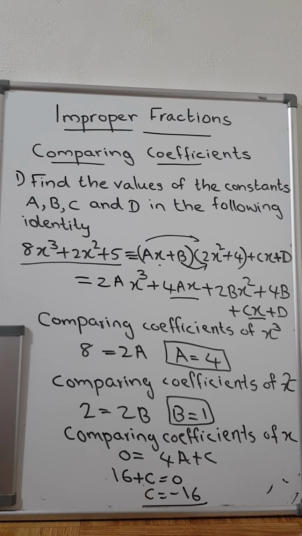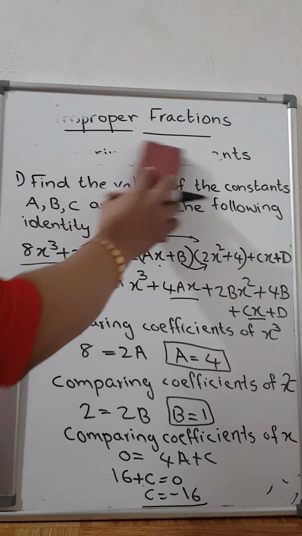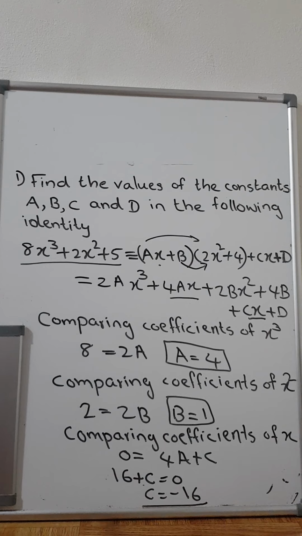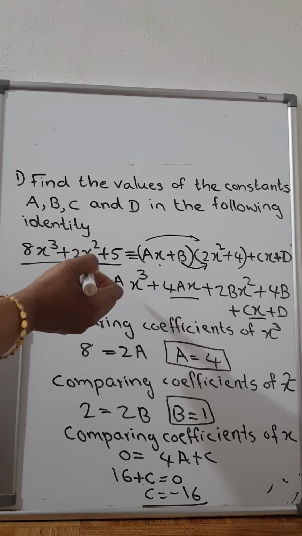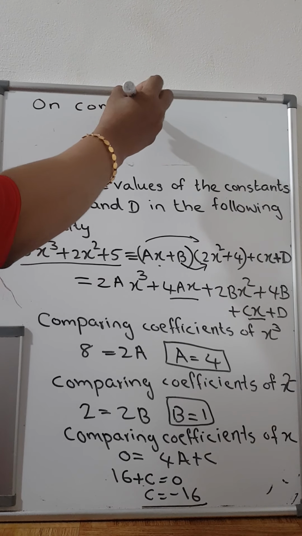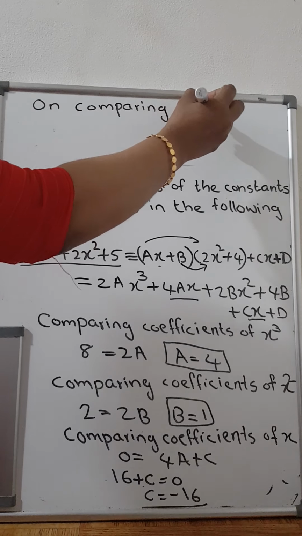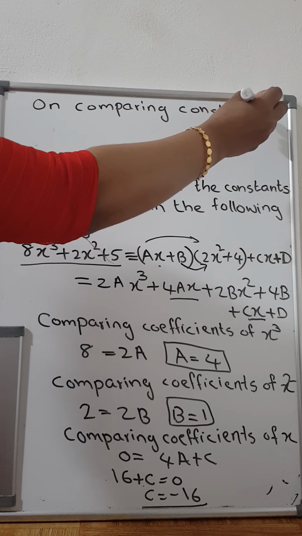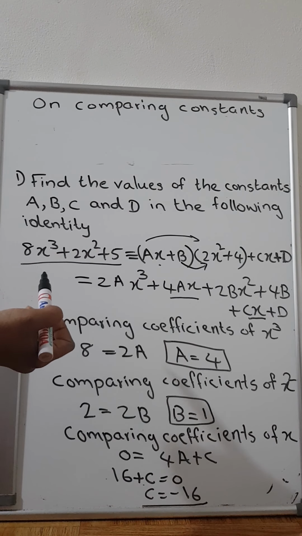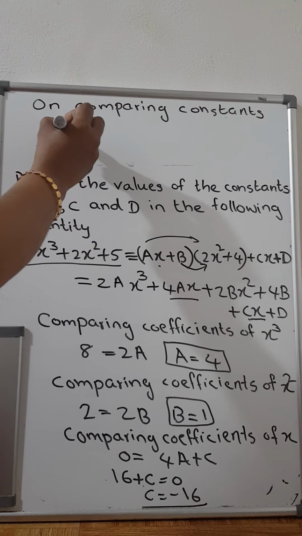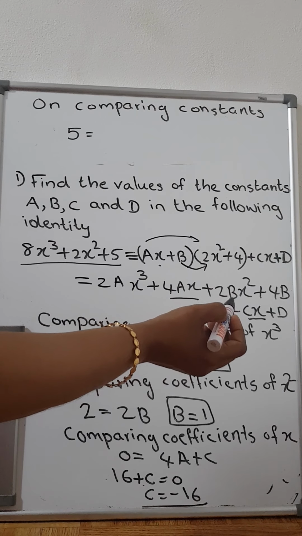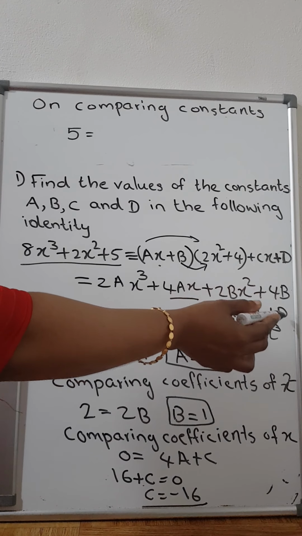We don't have enough space, so I'll be erasing this part. Now what we have to do? We have to compare the constants. On comparing constants, on the left hand side the constant, that is the term without x, is 5. 5 is equal to, on the right hand side we have two constants, 4b and d.